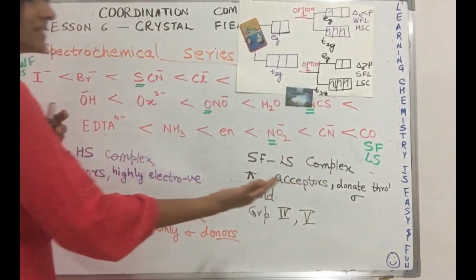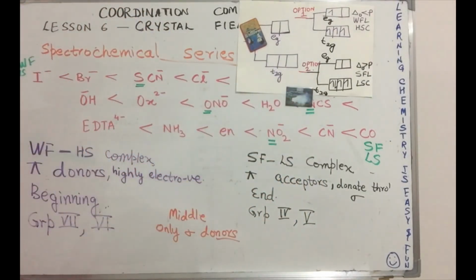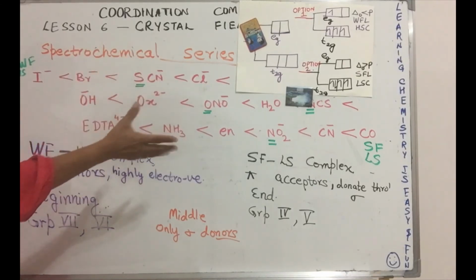They have an easy tendency to donate electrons. On the other hand, the weak field or high spin ligands donate electrons by pi. They don't easily want to do away with their electrons. So we have the highly electronegative elements at the beginning of the series: iodide, bromide, chloride, fluoride and so on.